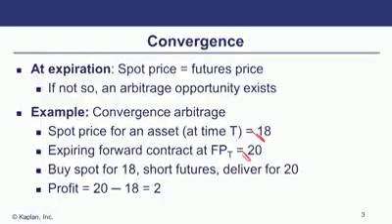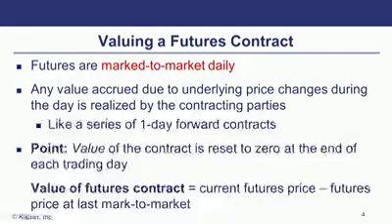You can easily see that that will result in a riskless $2 profit at the start of that transaction, instantaneously. As a result of that, we cannot have this deviation. These two prices have to be exactly the same at expiry, and that's the idea of convergence.